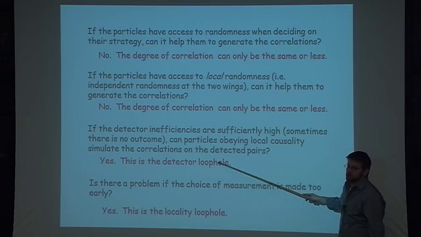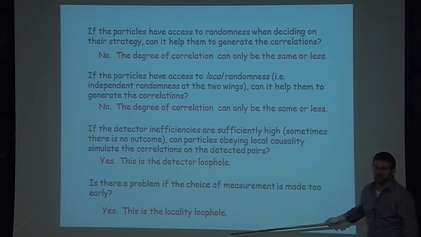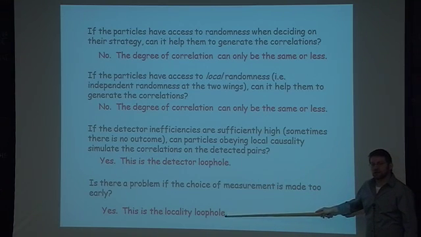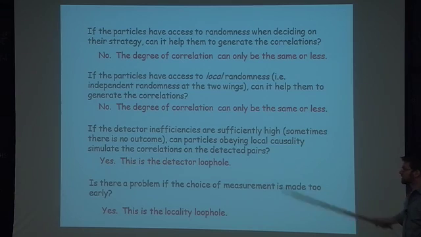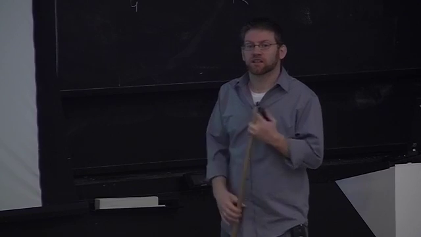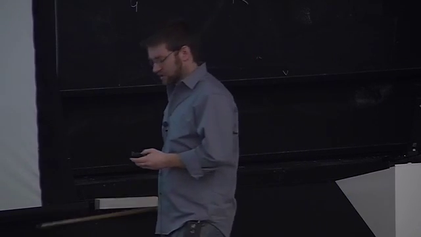The experimental situation right now is kind of interesting. There are experiments that seal the detector loophole, but don't seal the locality loophole. And there are other experiments that seal the locality loophole, but don't seal the detector loophole. And currently, there's no experiment that seals them both. That's probably something we'll see in the next few years: an experiment that really rules out both of those.